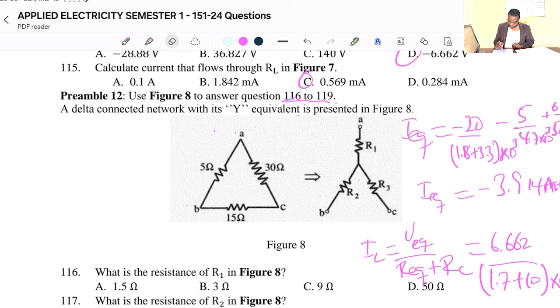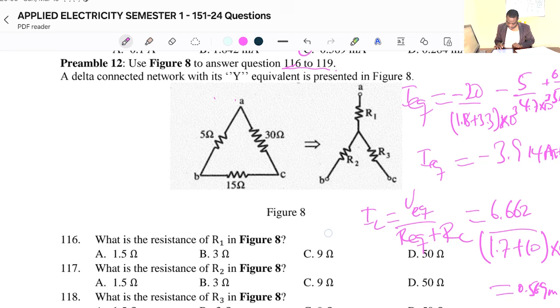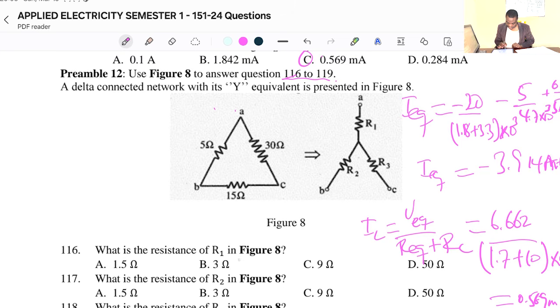Question 116, what is the resistance of R1? To find the resistance of R1, you can just come here and insert this here. So here's my R1, R3, R2.